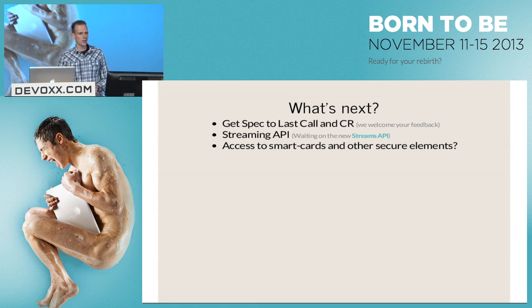It would be nice to sign your tax letter using the standard JavaScript API, and not needing to use the Java applet as it is today. And there are of course other use cases for secure elements, like identifying people in a company and things like that. Are there any questions about this?